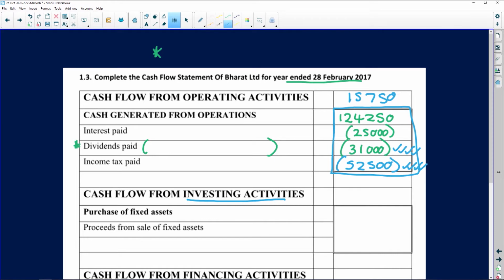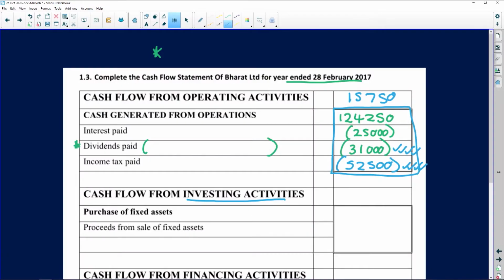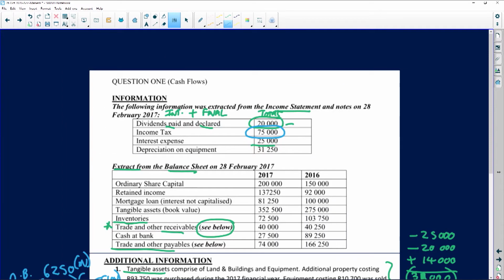So remember, guys, the word investing activities refers to the buying and selling of fixed assets as well as other investments such as a fixed deposit. How has this changed from one year to the other? So we're going to begin with purchase of fixed assets, and for that, let's go back to our information.